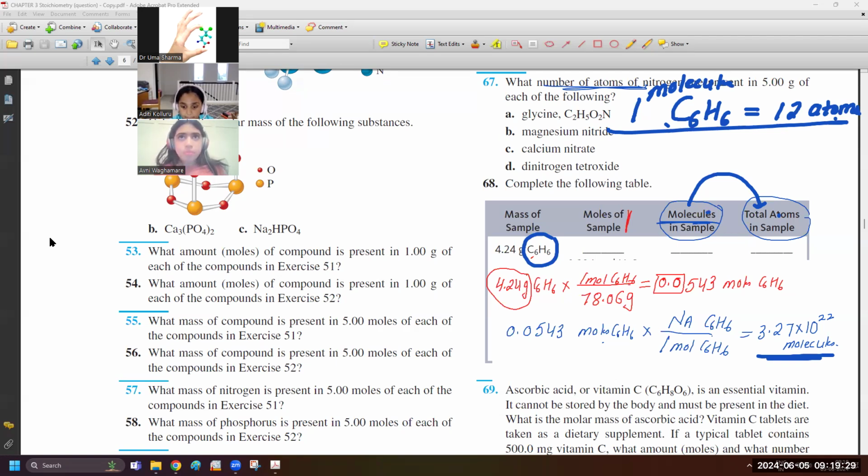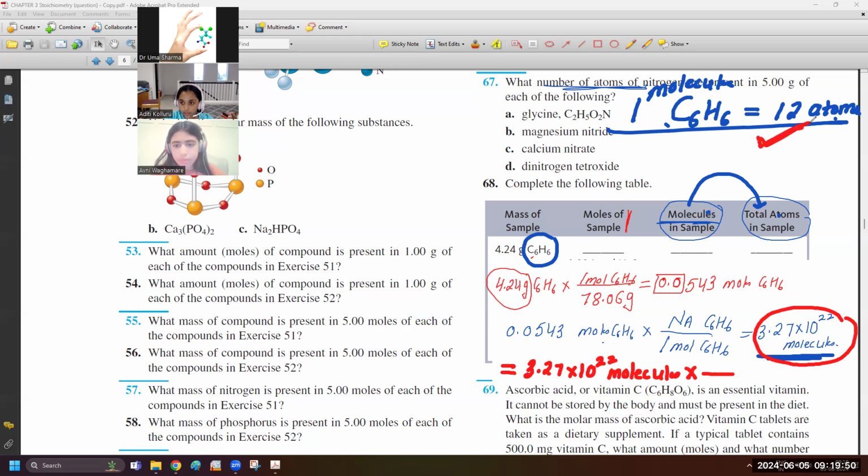Use it. So start with the number of molecules which we calculated, 3.27 times 10 raised to power 22 molecules, and plug in the ratio. Which ratio? What should come in the numerator?